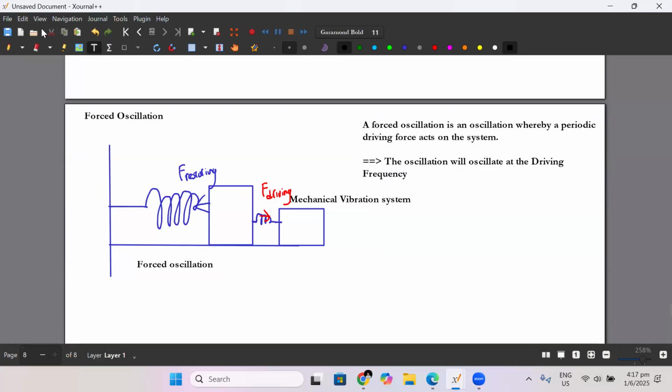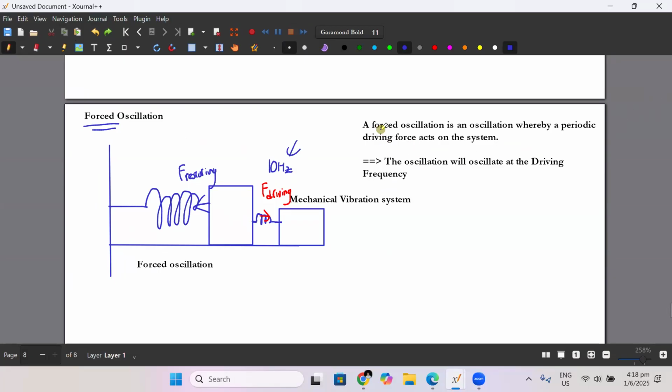So that means, let's imagine the F driving, I supply at like 10 hertz. Then the oscillation will undergo this exact 10 hertz frequency. So in a forced oscillation, the dominant force is the external driving force, so it will vibrate at this 10 hertz. Must remember this.